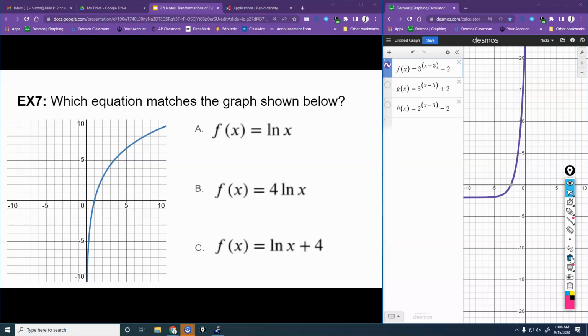Just type L in. You just type the letters L in. I don't know if there is a button for natural log, but just type L in. It'll grab it.